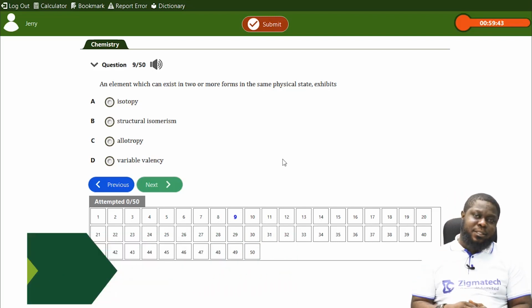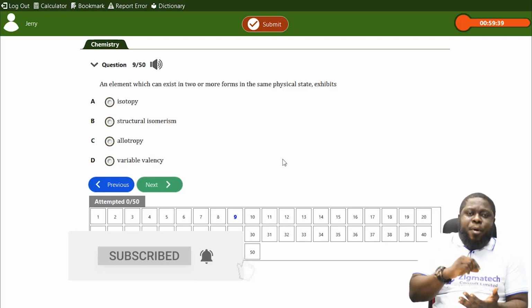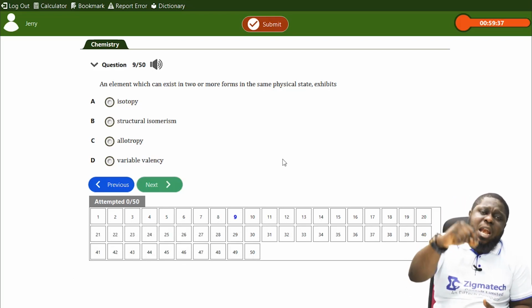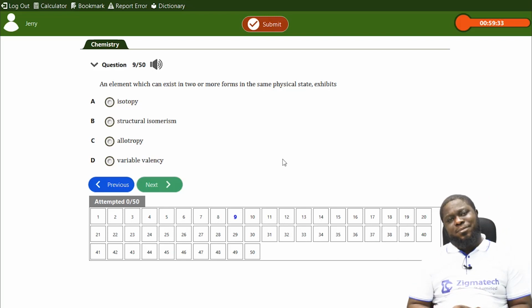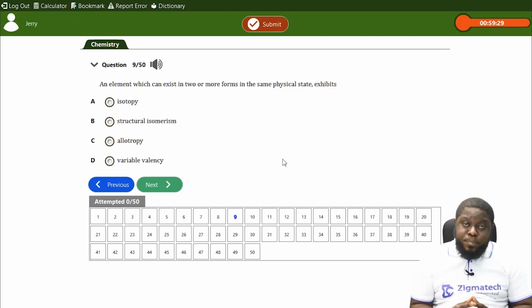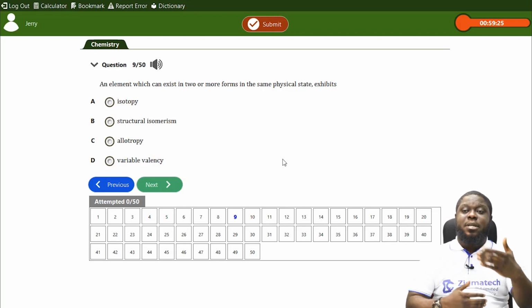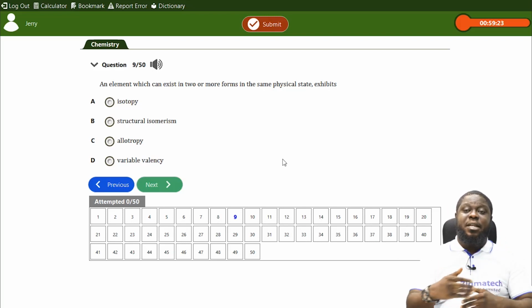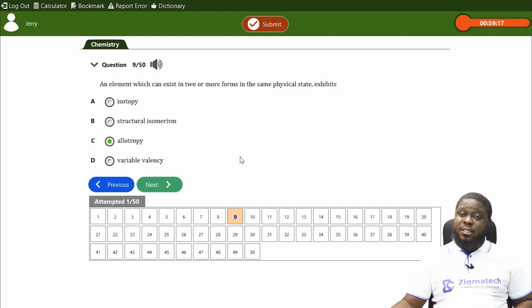Oxygen is a gas as its physical state of matter, but it can still exist as a liquid when it reacts with water. I said it is called allotropy. When these elements have two or more physical states, it is called allotropy. So the correct answer there is C.